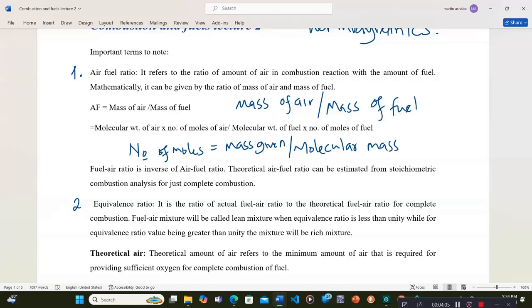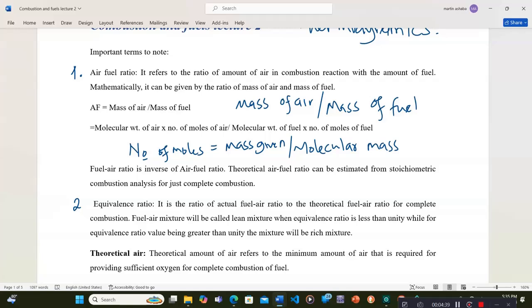Now, you will find that if this equivalence ratio is less than unity, then the fuel-air mixture will be called the lean mixture. Then if the equivalence ratio value is greater than unity, the mixture will be a rich mixture. In other words, one is going to have excess air, the other is going to have less air.